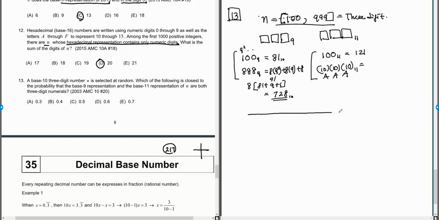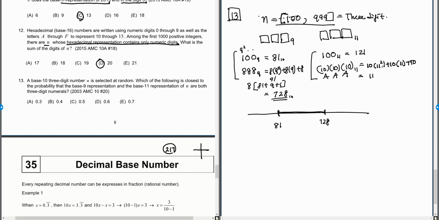So what that means is when you have 81 to 728, when you change these numbers to base 9, they are all 3-digit numbers. The second one, the smallest number is 121. What is the largest number? 10 times 11 squared plus 10 times 11 plus 10.